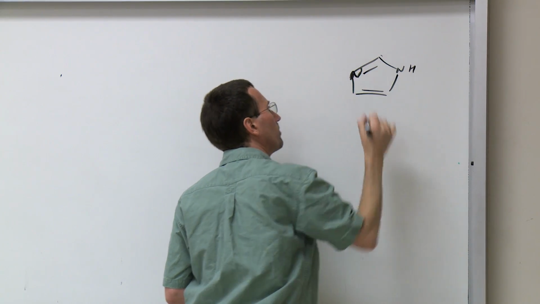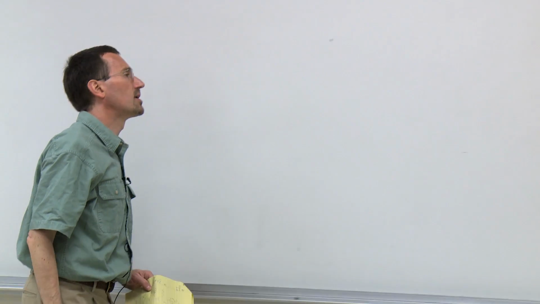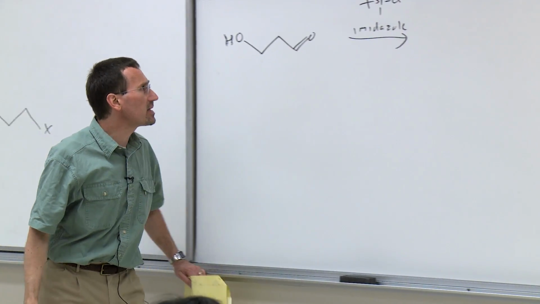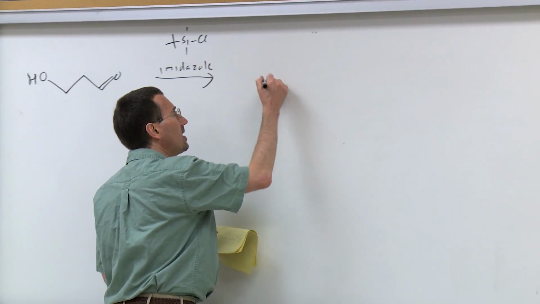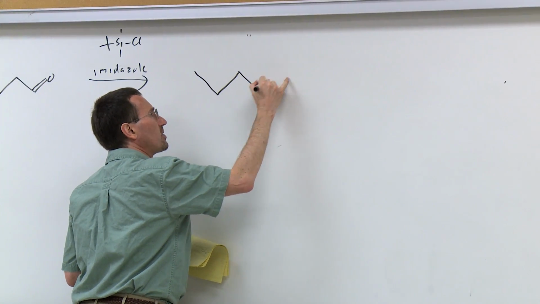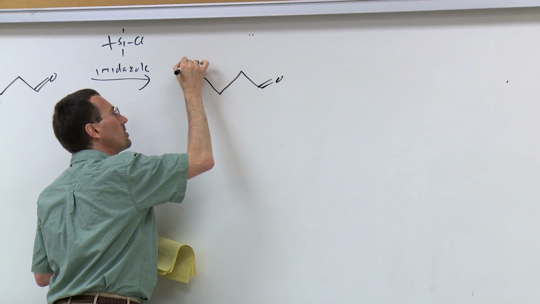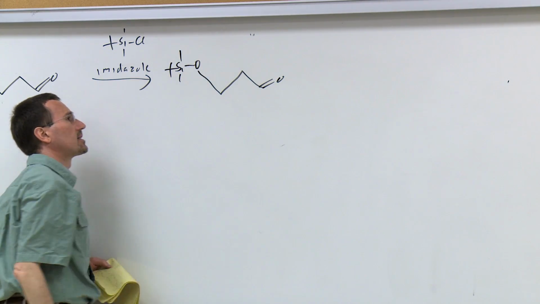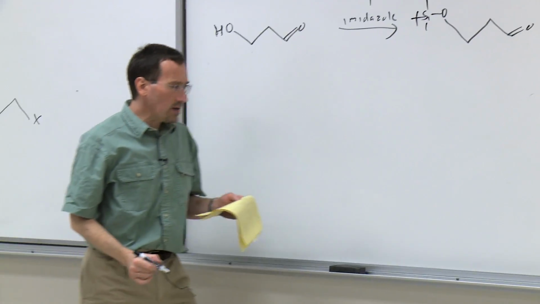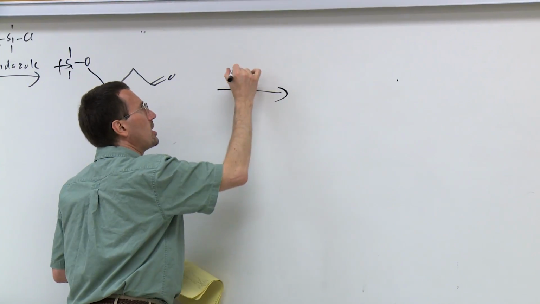You saw it in chapter, what was it, 1, where we talked about nomenclature. Anyway, these are the go-to conditions for putting on a TBS protecting group. I'm going to draw our TBS protecting group once so you can see it, and beyond that I'm just going to write TBS.